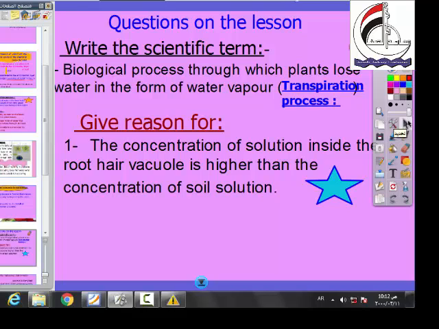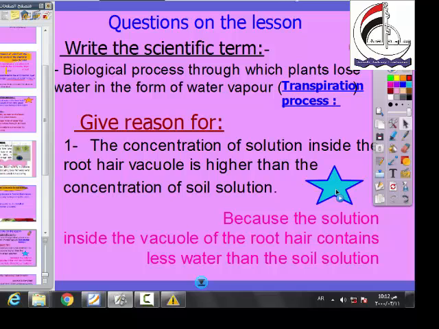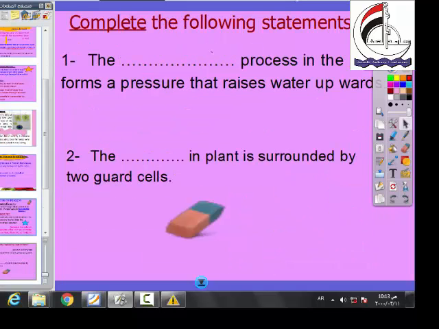Give reason: the concentration of solution inside the root hair vacuole is higher than the concentration of soil solution. Because the solution inside the vacuole of the root hair contains less water than the soil solution. Very important questions.